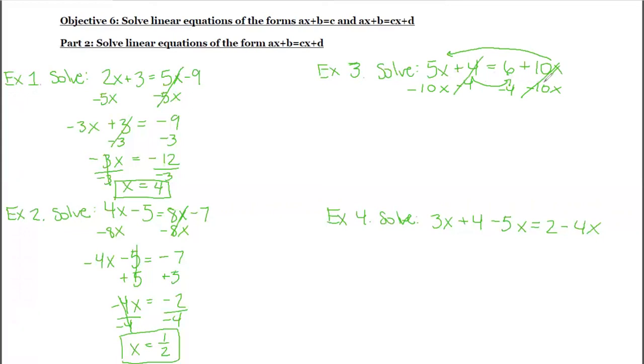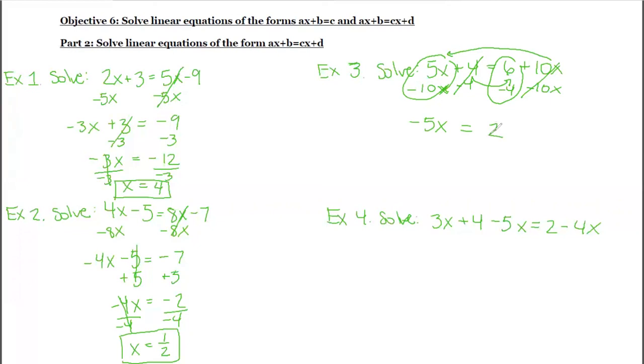So now that I have that done, over here I have this left, which is 5x minus 10x, which is -5x. And on this side, I have this left, 6 minus 4, which is 2.